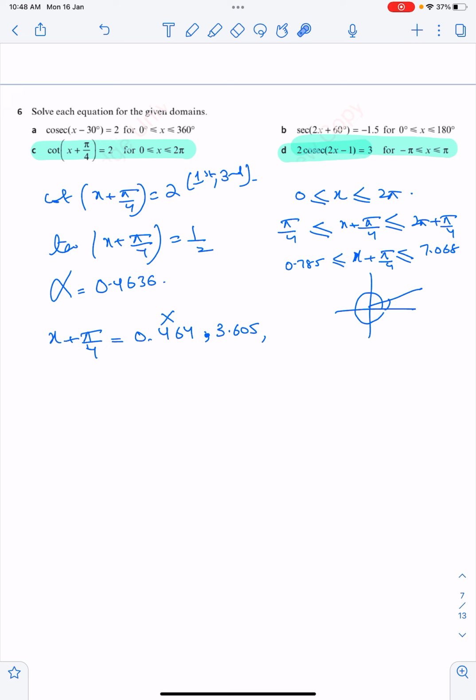Yes, it's in the range, so I'm going to take 6.747. These are the two angles which I have to take, and these are the answers for x plus pi by 4. So I'm going to subtract pi by 4 from both of these and get the final answers. So x is going to be 3.605 minus pi by 4 and 6.747 minus pi by 4. I'm quickly calculating these.